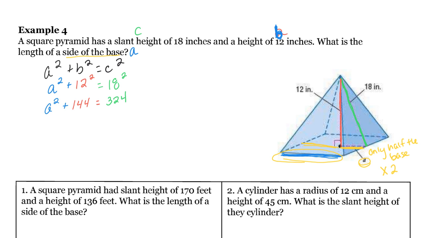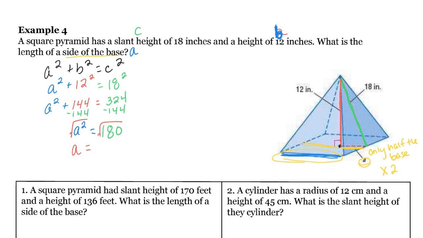All right, so again, we want to get A squared alone. So we're going to subtract 144 on each side. And that's going to give us 324 minus 144. It's going to give us 180. So now we take the square root of each side.